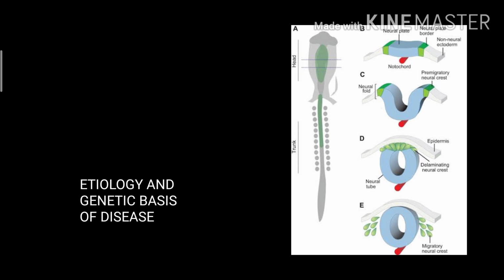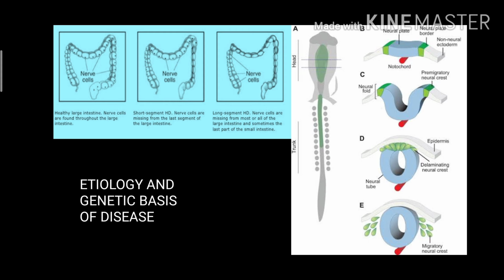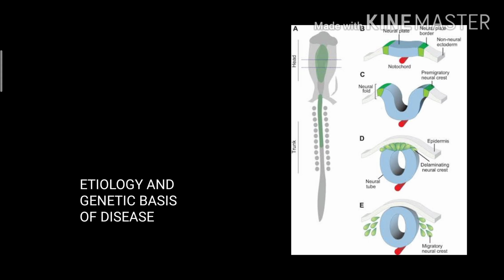Now, what is the etiology and genetic basis of the disease? We know that it is due to the failure of migration of the ganglion cells, which are derived from the neural crest cells. Just to brush up our embryology, we have the neural plate, the notochord, and the delaminating neural crest cells here and the neural crest cells migrating.